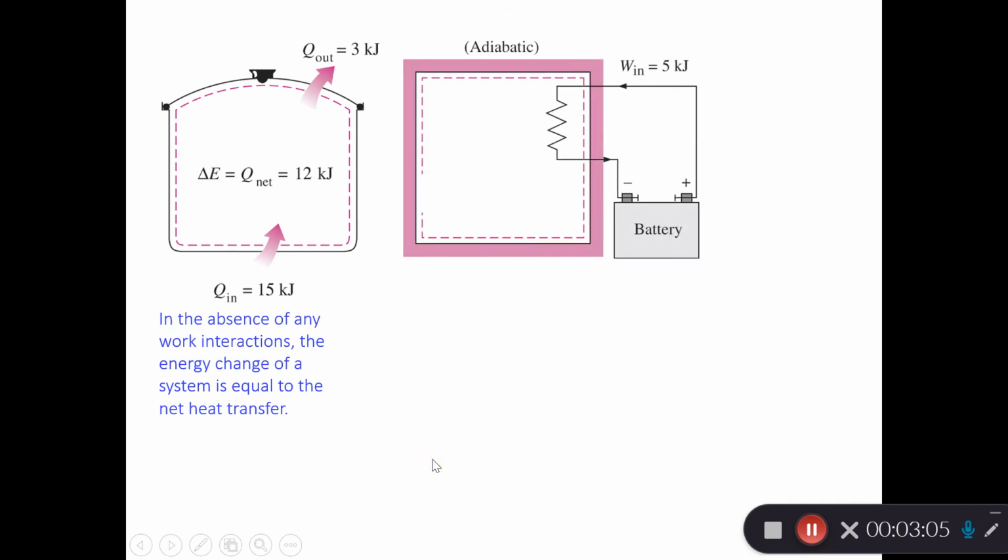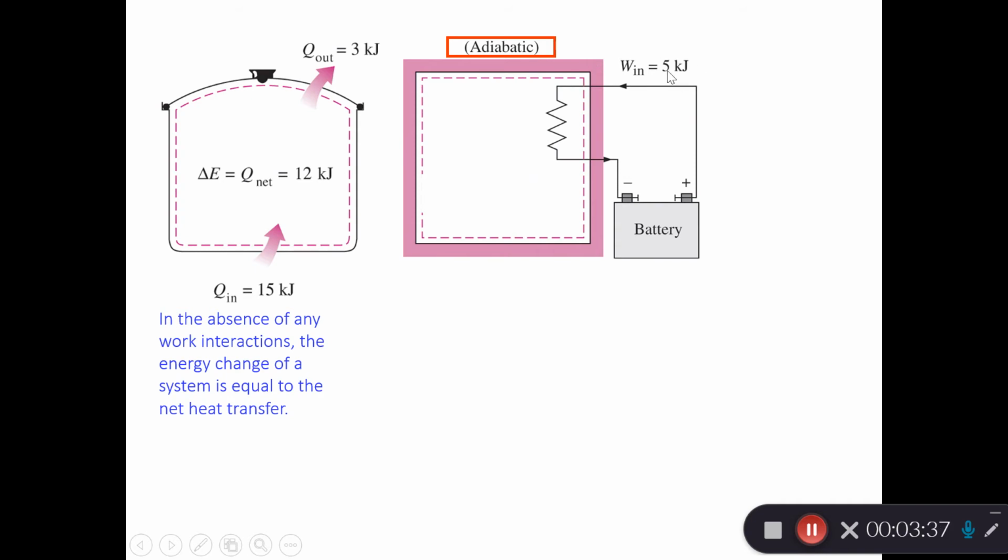Here we have a system with a battery supplying electrical work of 5 kilojoules. Notice this word adiabatic. Adiabatic here means no heat transfer. No heat transfer means that there's no heat loss.